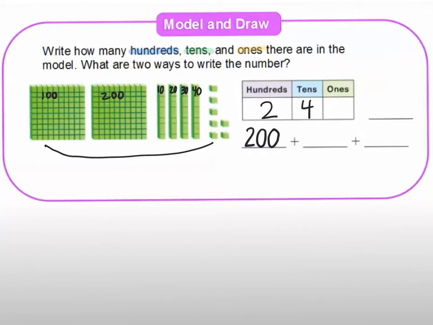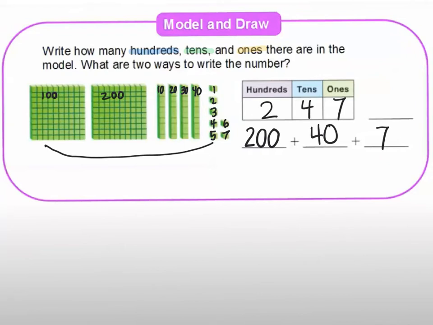So 4 tens is the same thing as 40. And last, we have our ones that we can count out. 1, 2, 3, 4, 5, 6, 7. 7 ones. And that number stays the same.